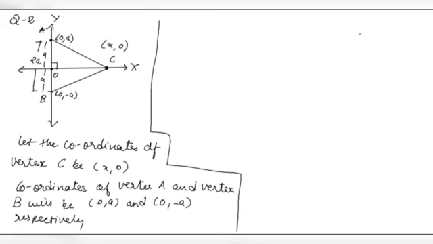Now the length of side AB is 2a, so AC and BC will be of the same length. Here we are asked to find the vertices of a triangle. So we have A and B. We just need to find the value of x so that we will get the third vertex too.